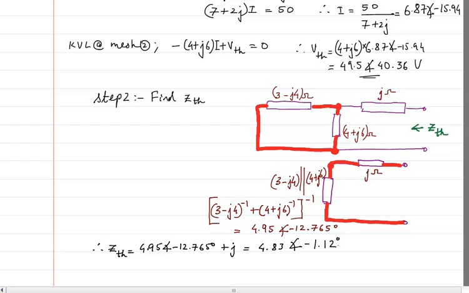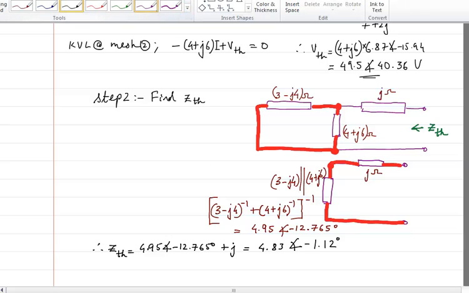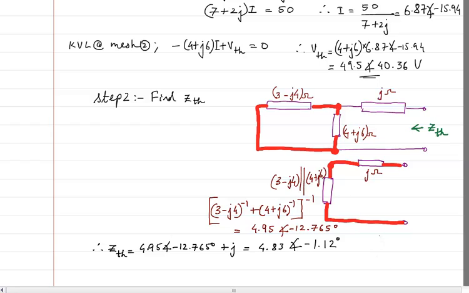Okay, so now we are having both VTH and ZTH. So now I can very easily draw the Thevenin's equivalent as, so plus minus, this is the AC voltage, and this will be the impedance.